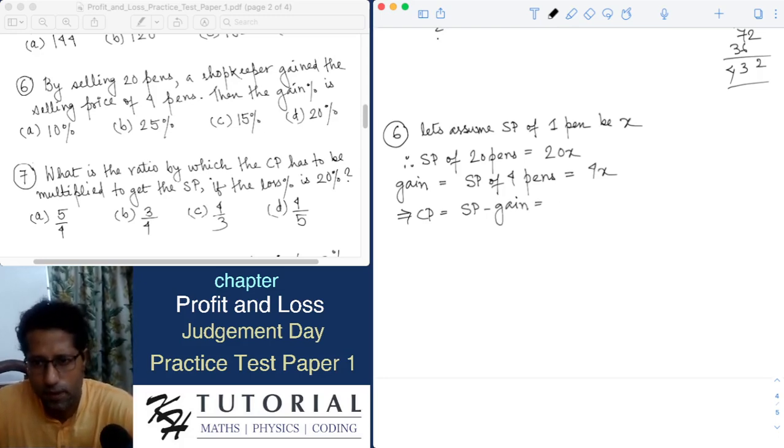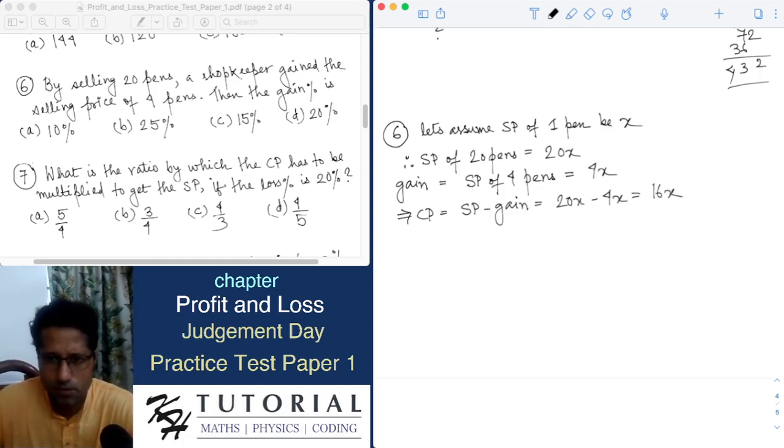This is 20x minus 4x, which is 16x. 16x is the cost price of 20 pens. Selling price of 20 pens is 20x, and the gain is 4x.